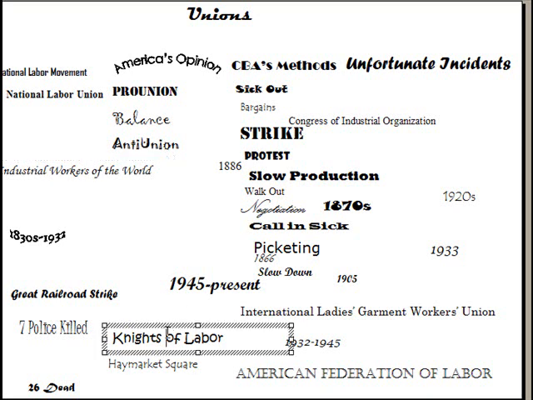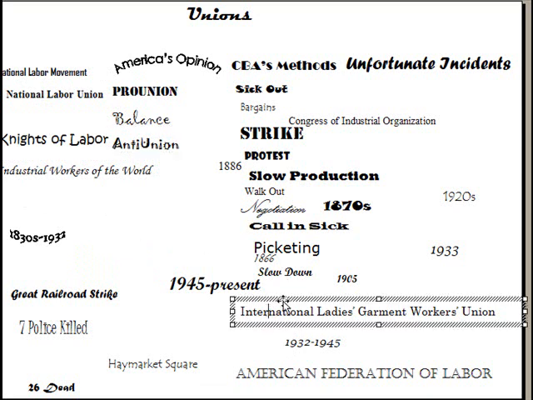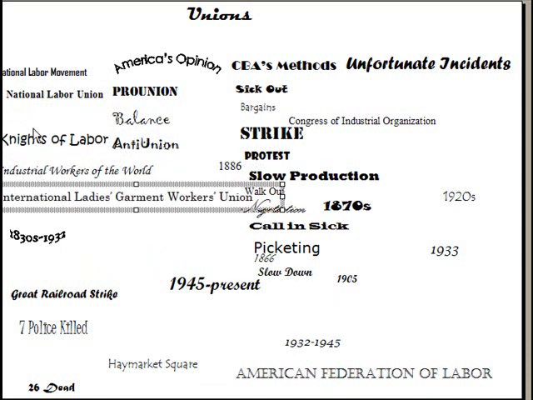We could also say that the Knights of Labor was an early union in the history of our nation's labor movement. We could also spot the International Ladies Garment Workers Union, all of which tell us about our national labor movement, which tells us something about unions.